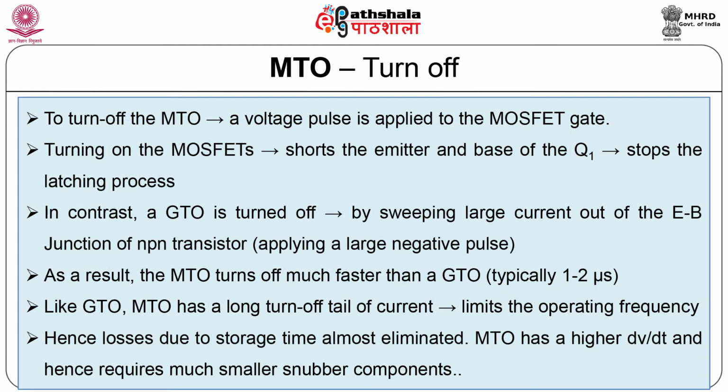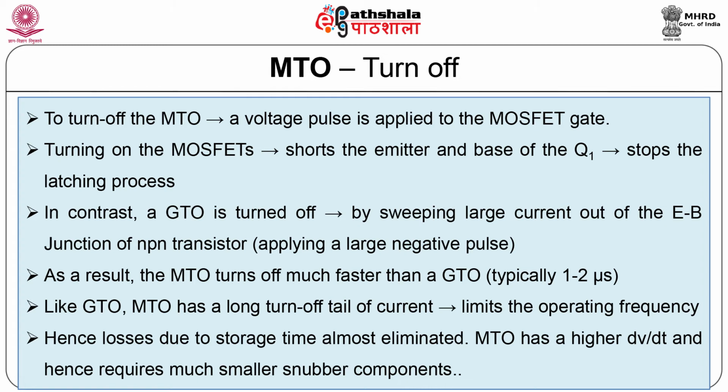MTO turn off. To turn off MTO, a positive voltage pulse is applied to the MOSFET gate. After applying the positive gating pulse, MOSFET will turn on, shorting the emitter and base of the NPN transistor.